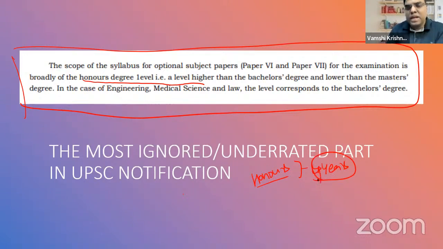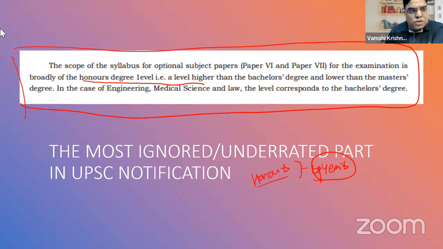So whatever subject you choose as your optional, UPSC expects you to have the knowledge of a person studying that subject for 4 years. I hope I'm clear.